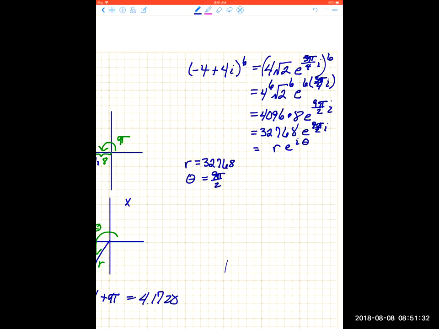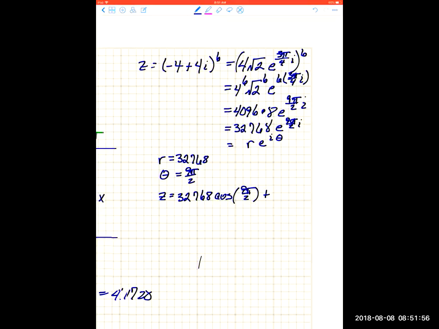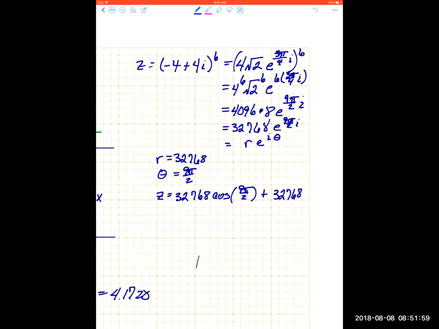And we can write our complex number, z, as 32,768 times the cosine of theta, which is 9 pi over 2, plus 32,768i times the sine of 9 pi over 2. 9 pi over 2 is a known value, and the cosine of 9 pi over 2 is 0.